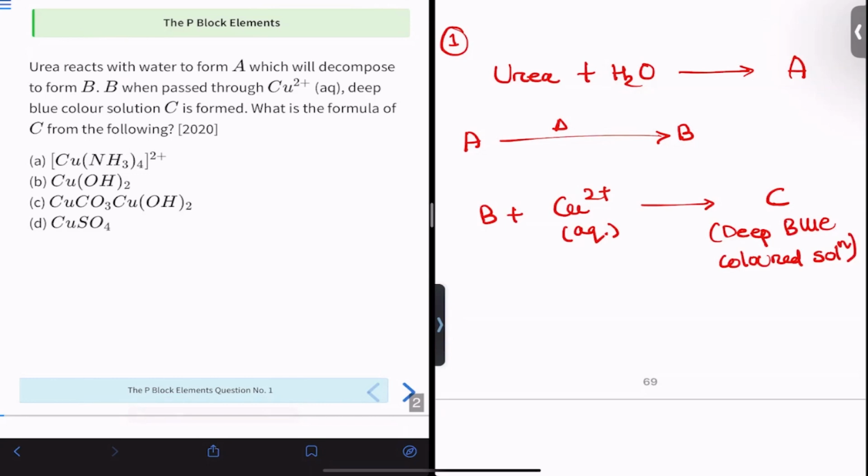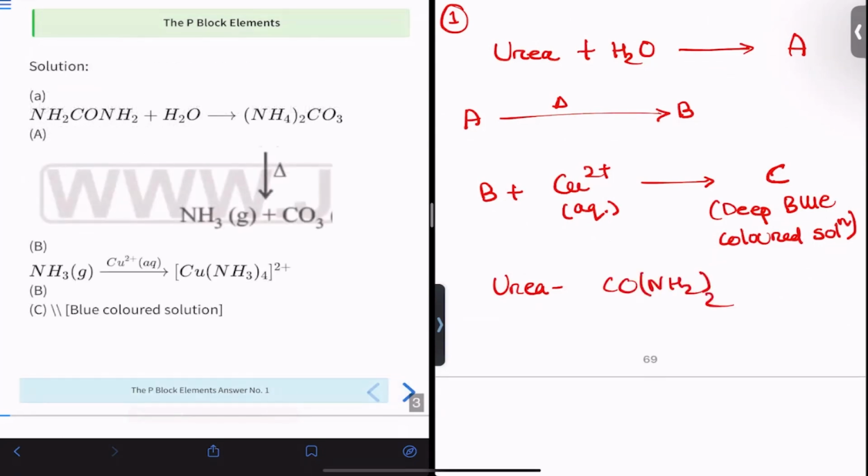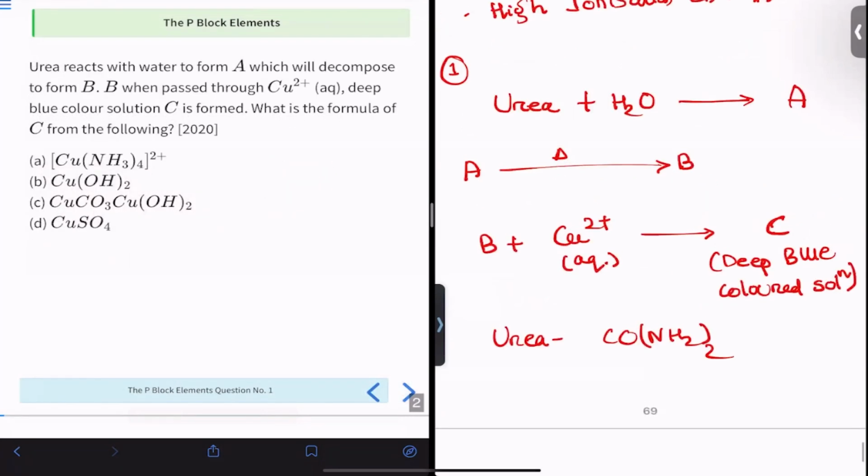So what is the formula for C that we need to find out? First, what is the formula for urea? Urea is CONH2 twice, which you can also write as NH2CONH2.